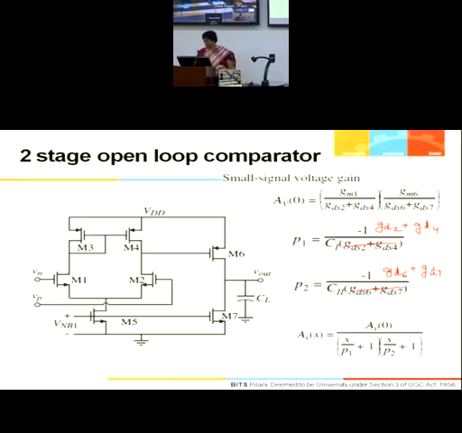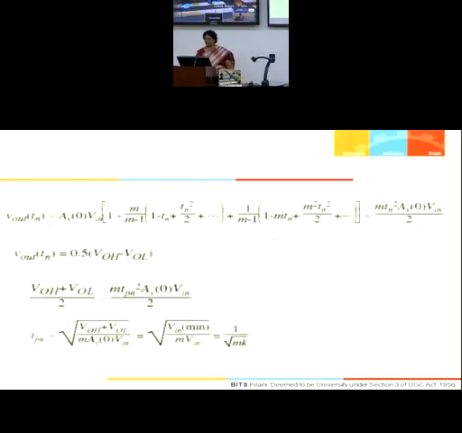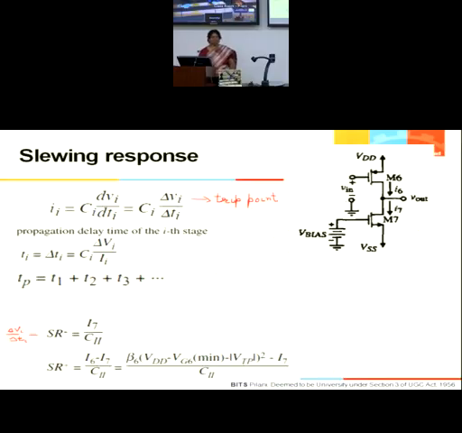So if we look at the slewing response of the output stage, first of all, in a slew mode, the total delay is because of the delay coming from every stage. In a two-stage linear mode operation, it is actually a combined impact. We do not compute the delay of every stage and add. That we don't do. But in a slewing response, we actually do this.